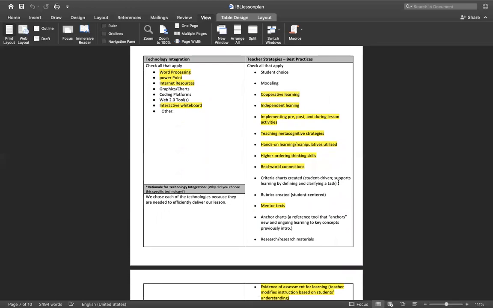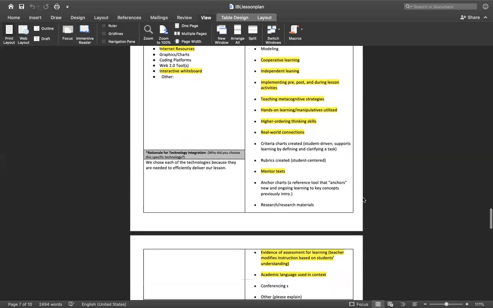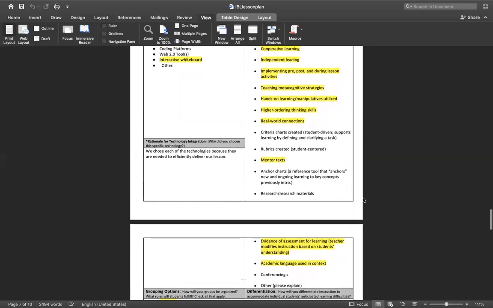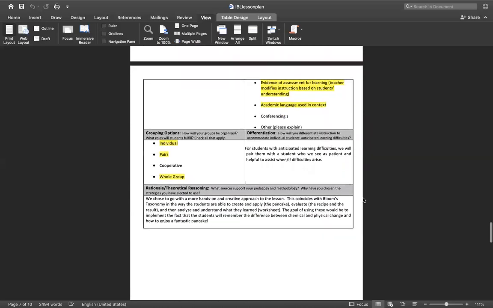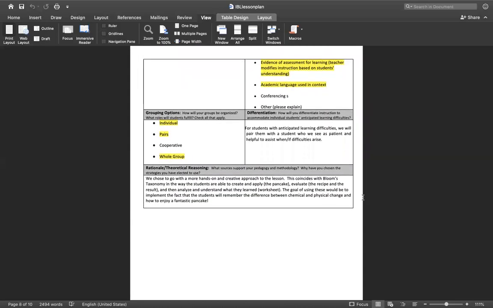You can see there for the teacher strategies and best practices, we have highlighted several things there. And then for the grouping option, we highlighted individual, pairs, and whole group. Individual because the students will individually be doing the worksheet, providing their answers and giving why to each of them.